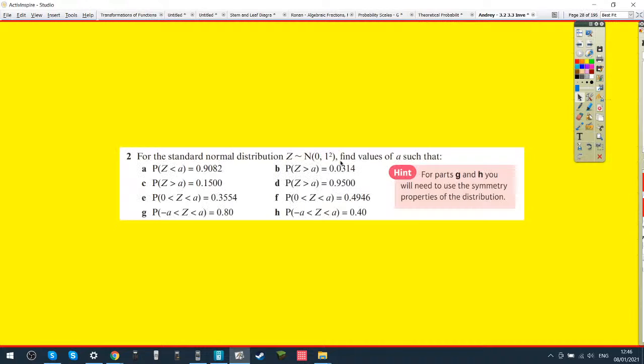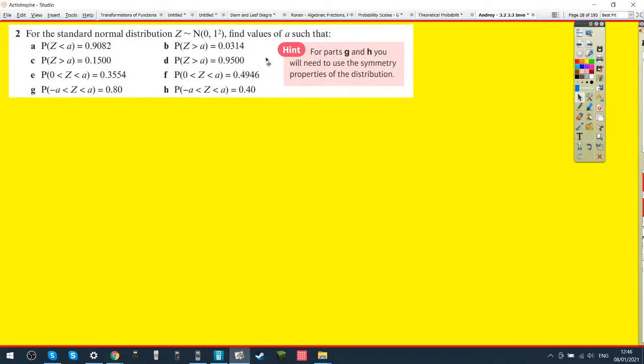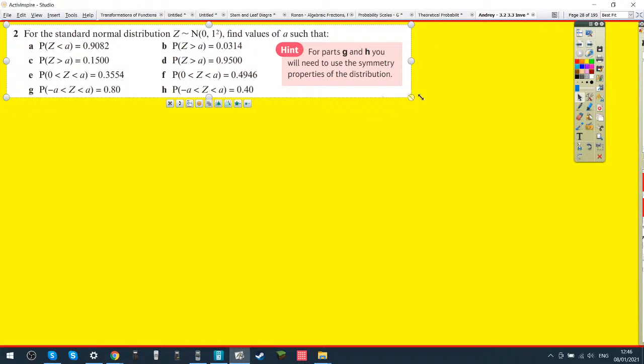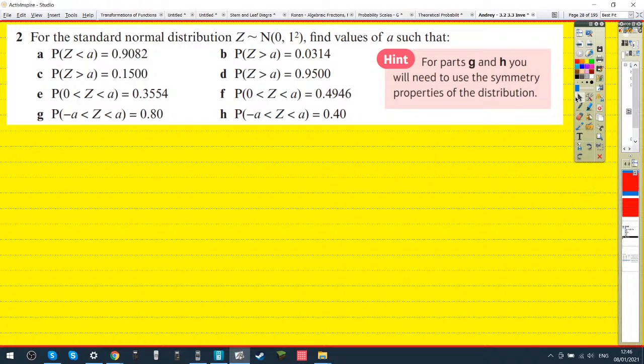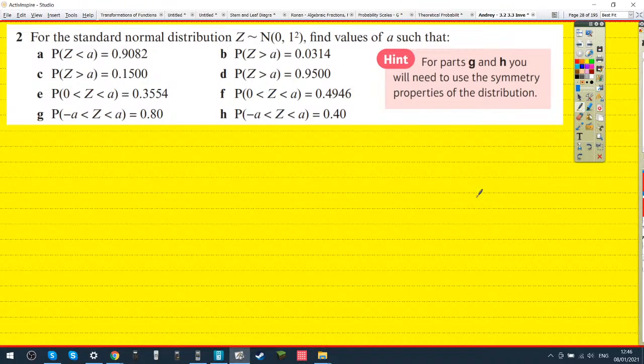So will 2a just be... Oh, now I'm doing inverse normal, aren't I? Yep, exactly. And so if I go back to inverse normal, that will be... variable, left. Sorry, left.